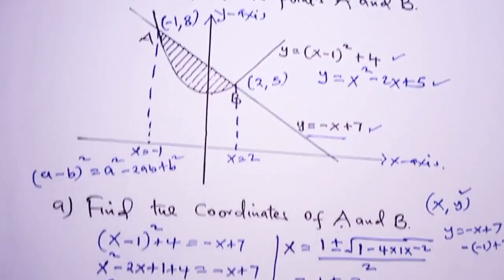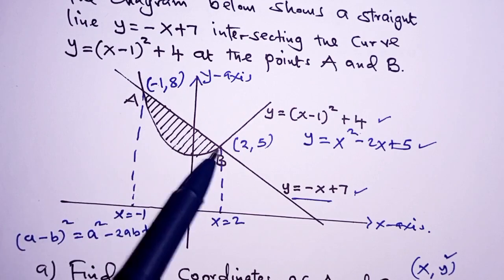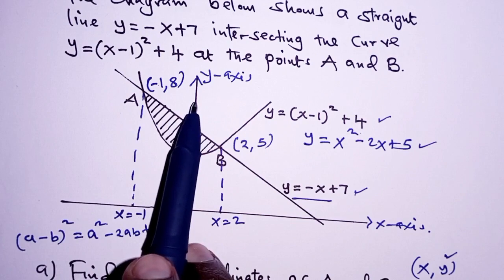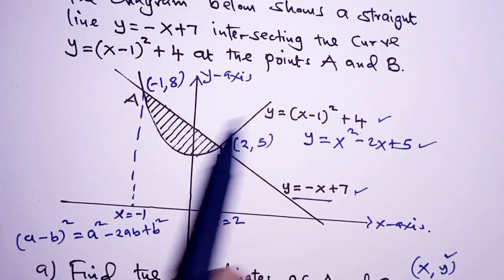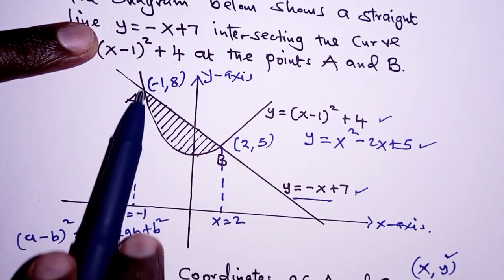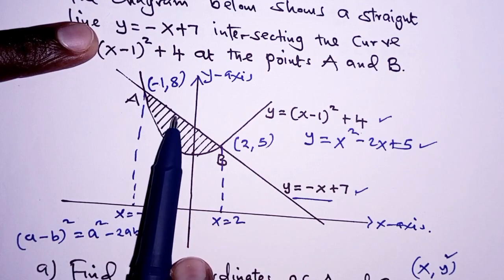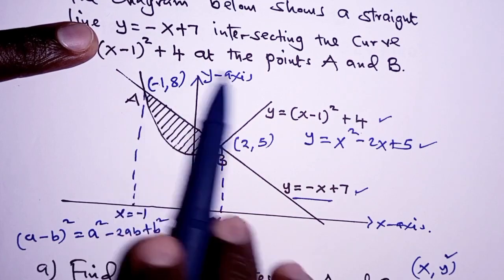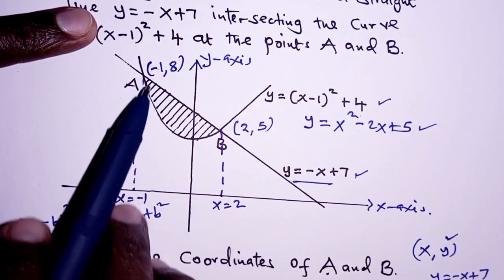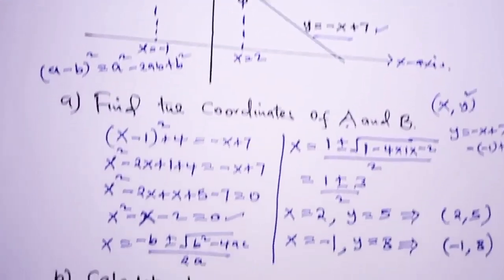So what we're going to say, because between point A and B the straight line is above and the curve lies below, then you're going to have the equation for the straight line minus the equation for the curve. If we had the curve up and the straight line below, then we'll have the curve minus the straight line. So we're going to have the equation for the straight line minus the equation for the curve.